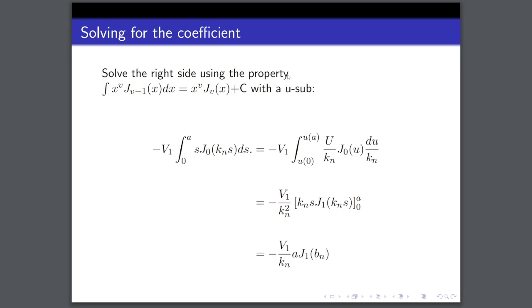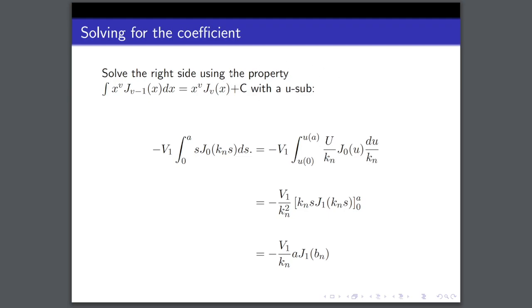You then solve the right side using the property here of Bessel functions, where the integral of your variable to the power of v, to the power of u, the Bessel function of order u minus 1 of your variable, d your variable, is equal to the variable to the power of v to the power of u, Bessel function of order u of the variable, plus c.